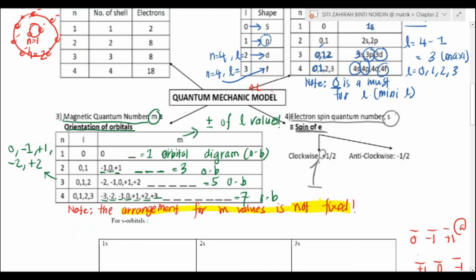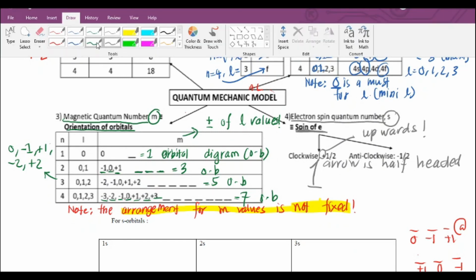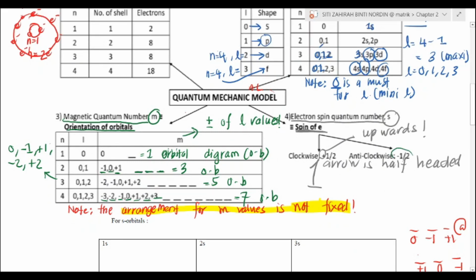The arrow is half-headed, and the orientation is positive, so it should be upwards. When your electron is negative half, then your arrow should point downwards. So this is your positive half and this is your negative half electron spin quantum number.